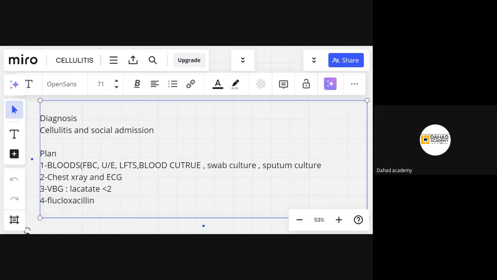You will need to ask the physiotherapy team and occupational therapy team to come and see the patient to prepare for rehab, to send her home. You will not admit the patient for a long time. You just need to control the infection and then send her home.